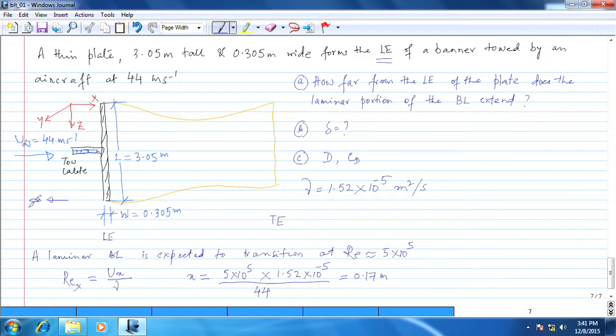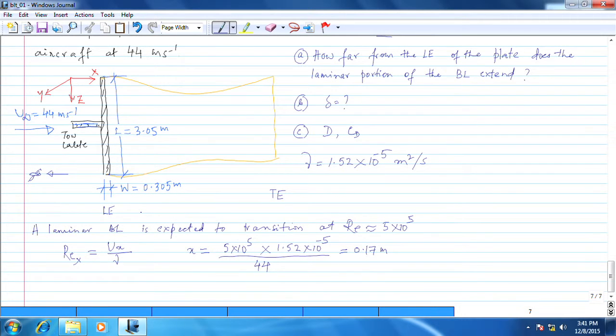And the next question is, what is delta at the downstream end of the laminar boundary layer? So, at the edge of the laminar boundary layer, the way we will do that, we know the formula for delta, right. So, delta x, where did I get this x from? Because you remember the formula is basically delta by x, right, depends on that.